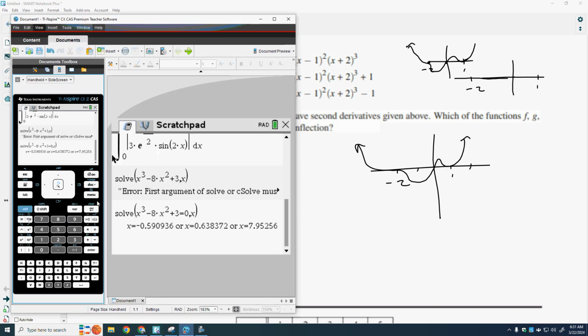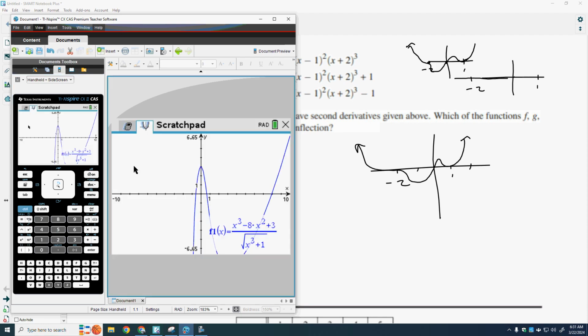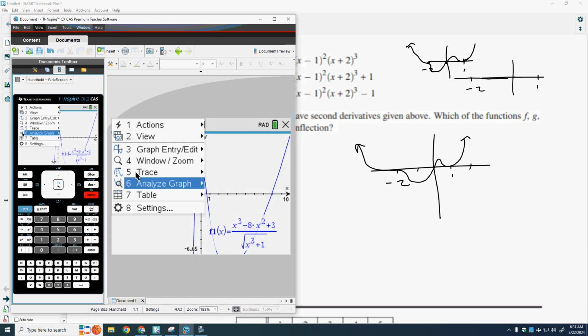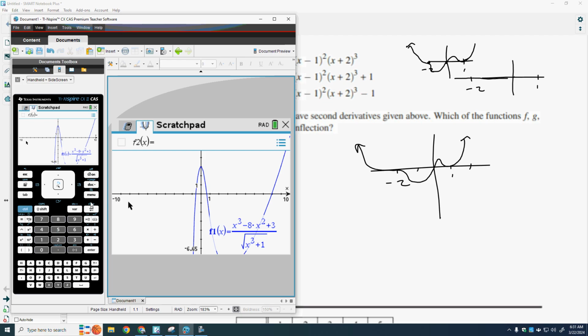So I'm going to go back to graph, and I'm going to go back to my functions. I'm going to go up to F1.